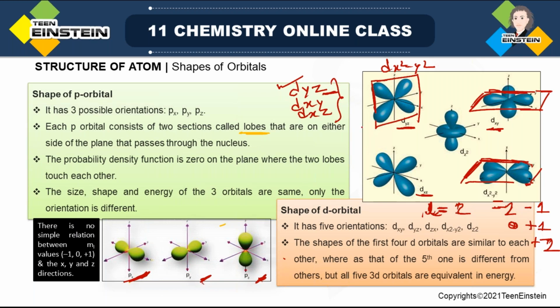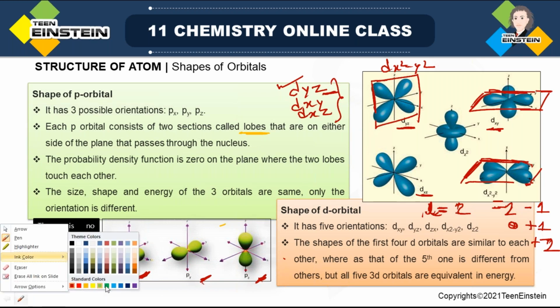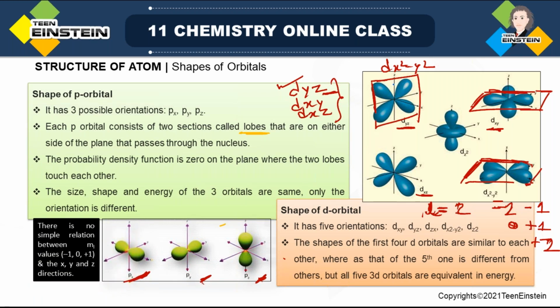But if you compare with the picture of dx square minus y square, for these 3 orbitals the lobes are in between the axes, not directly on the axis. But for dx square minus y square, it is directly going through the axis. That is the important difference.